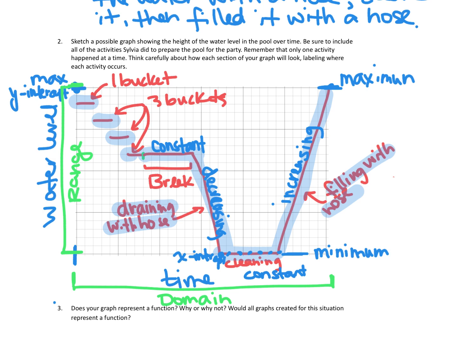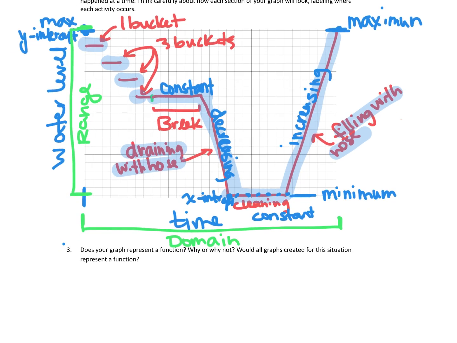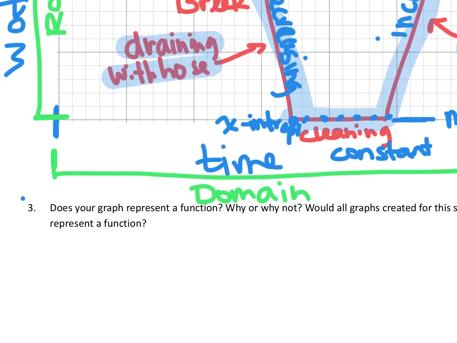All right, now our last topic is talking about whether or not this graph represents a function. The idea of something being a function is really important. When something is a function, we only have one output for every input, meaning there's no overlapping of events. So yes, this absolutely is a function. So I'm going to write that here.